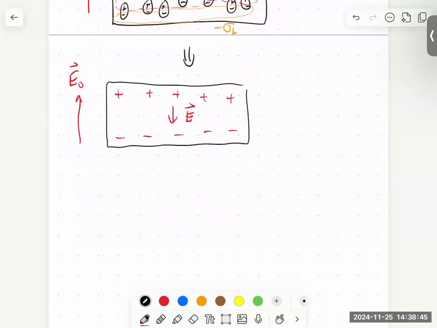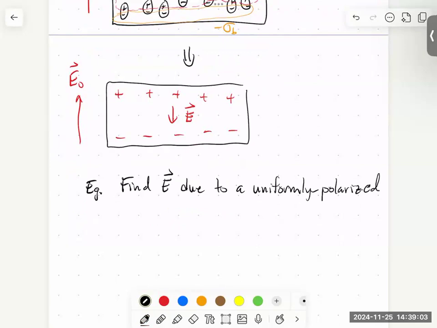Example. We want to find the electric field due to a uniformly polarized slab. So this is just the example that we were already talking about.